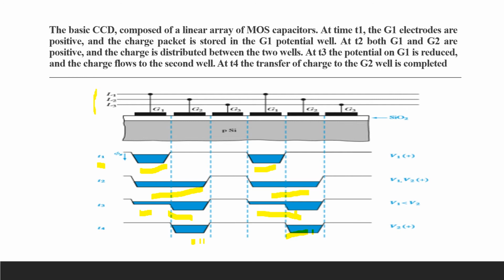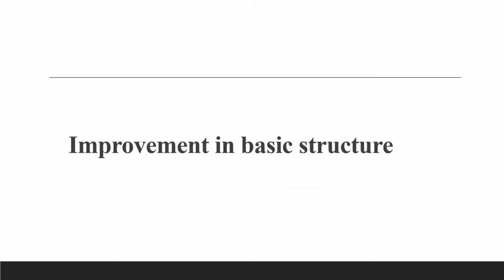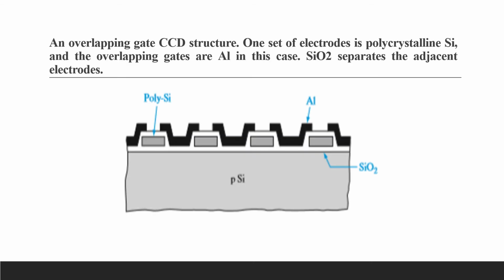When V1 was reduced, it moved to G2 and partially remained in G1, and when V1 is 0 and V2 is positive, then all of it is moved to gate G2. Now this is the same picture which I discussed in the previous figure. Now I will discuss the improvement in the basic structure by considering this figure.